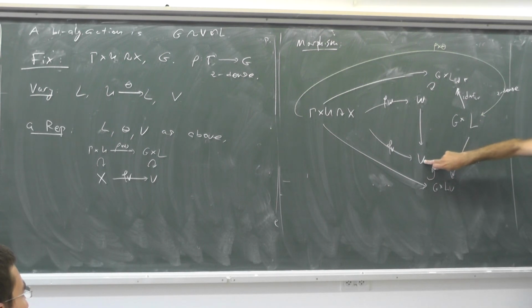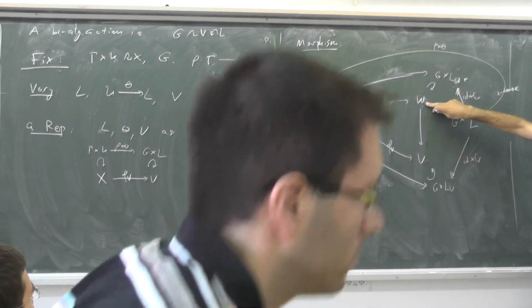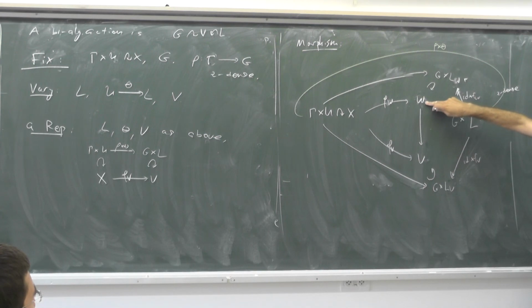The example that I have in mind is V is a certain variety, W is a subvariety, maybe an orbit in it, and L is acting on that variety, maybe faithfully, but the action on the orbit has a kernel.